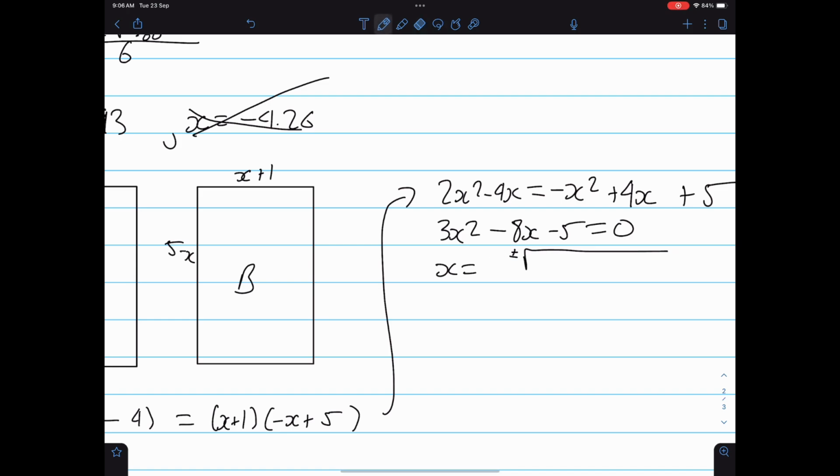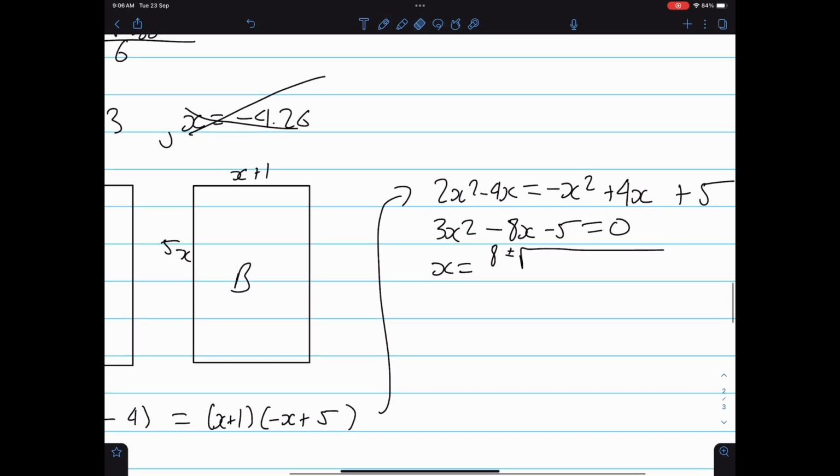Minus b plus or minus square root of b squared minus 4 times 3 times minus 5.